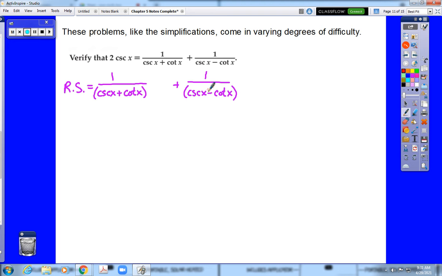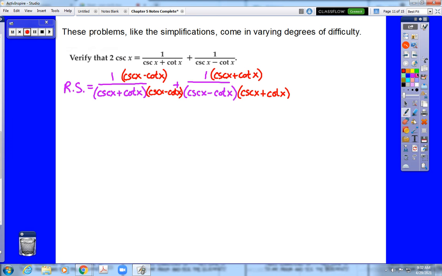So what we need to do is multiply the first fraction by the denominator of the second fraction, cosecant x minus cotangent x, both bottom and top, to get a common denominator. And we need to multiply the second fraction by the first denominator. This will get us a common denominator.